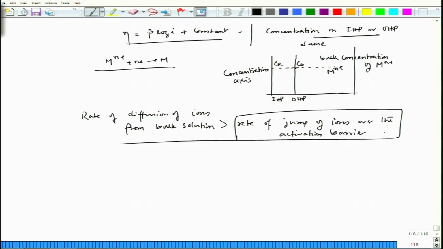So, then because this polarization is guided by the rate of the jump of ions over the activation barrier, we call it activation polarization.